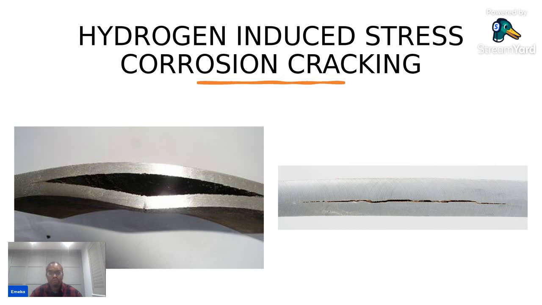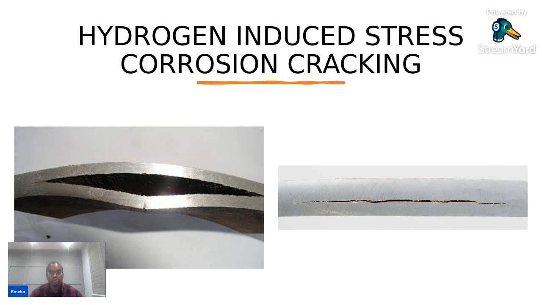So where does this type of corrosion occur? Pipelines and vessels that are not coated are at risk of hydrogen-induced corrosion cracking. Poorly coated pipelines and vessels where cathodic protection is used are also very susceptible to this type of corrosion.